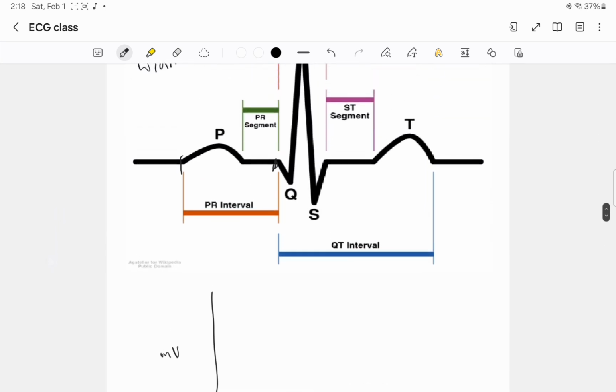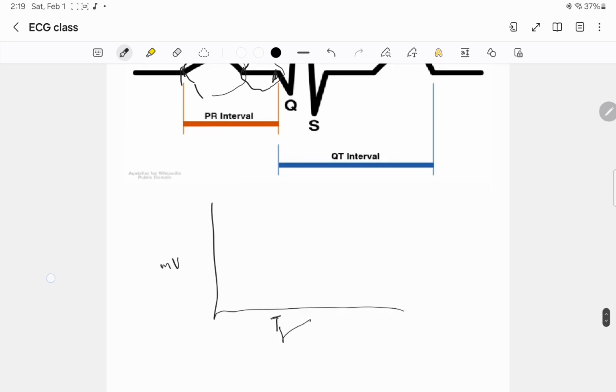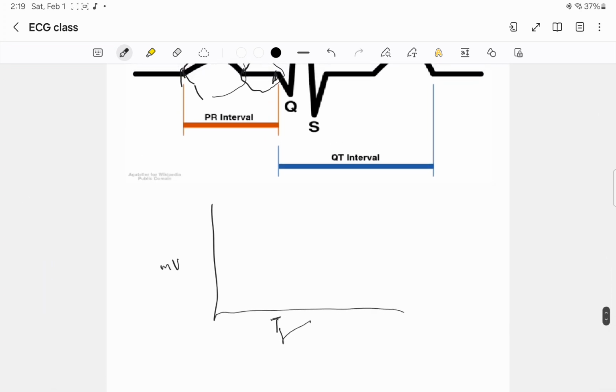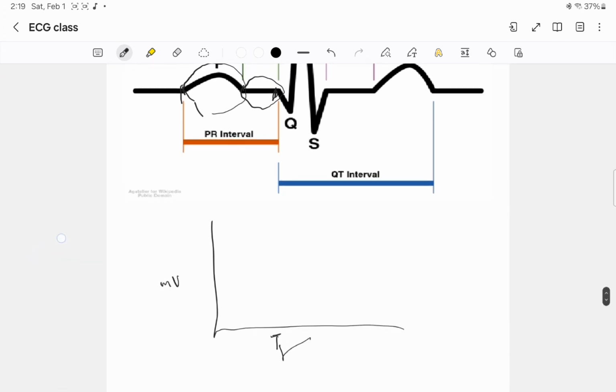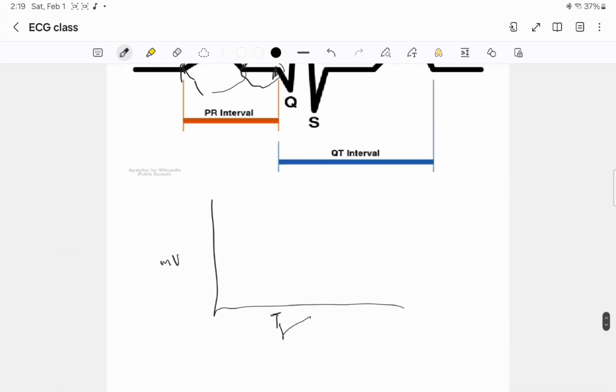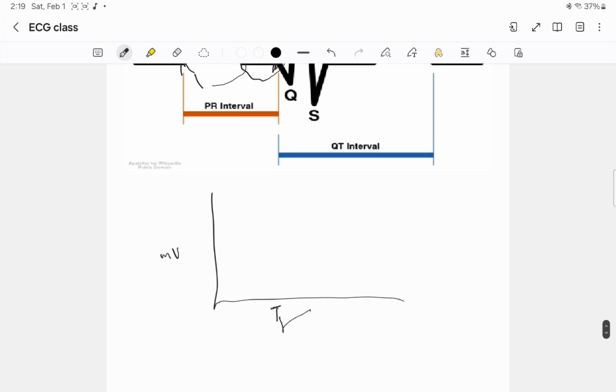So this time represents the time taken for atrial depolarization as well as the delay before the start of ventricular depolarization, right? So it's essentially the time taken from impulse formation way up in the sinoatrial node or wherever else in the atrium the impulse is originating, because impulses can originate from ectopic sites.